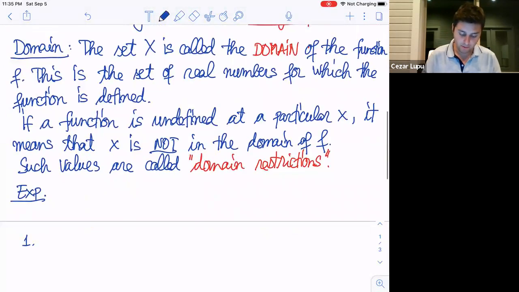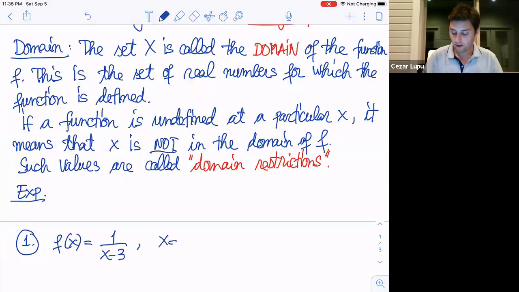Let's start with the first one. For example, let me consider the following function: f of x is 1 over x minus 3. And of course, x has to be different than 3. You know, for a fraction to exist, the denominator must be non-zero.